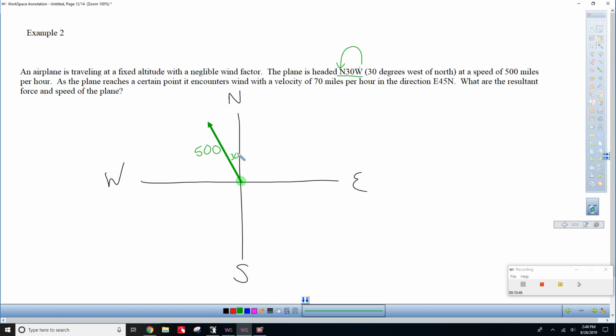Now, as the plane reaches a certain point, it encounters a wind with a velocity of 75 miles an hour, 45 degrees north of east. So 45 degrees north of east looks like this. Now I'm going to make this one significantly smaller because it's a lot shorter. This is 75 miles per hour.